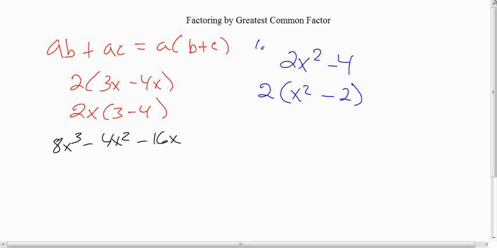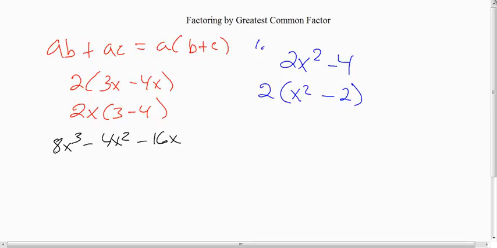This is a polynomial in the form of a trinomial, and what we want to do here is look at our coefficients. Remember, coefficient terms are the integers that are in front of our variables. So we have 8, 4, and 16, and our job is to determine what the common factors of these are. Are there common factors for all three?